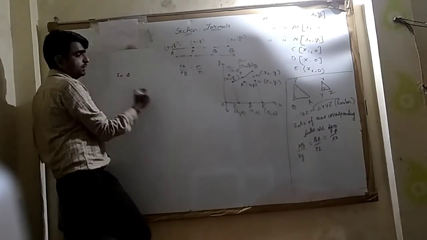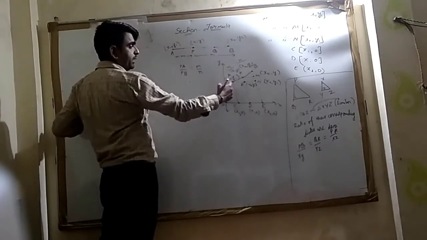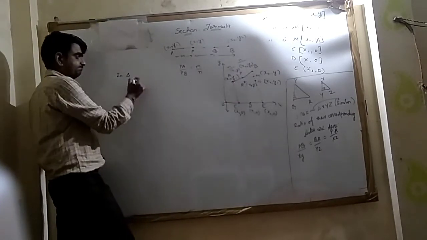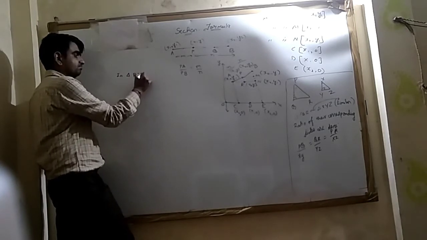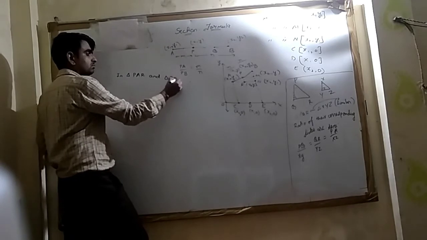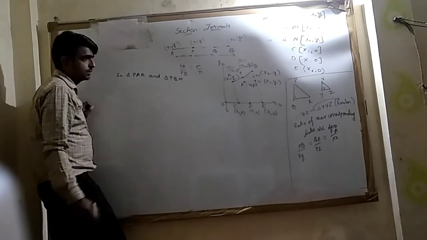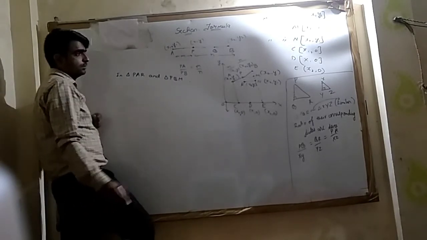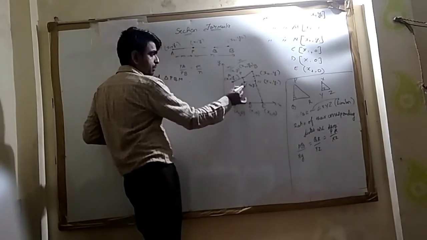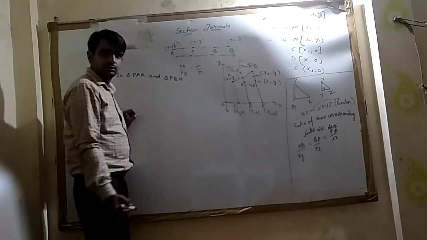I am taking triangles PAR and PBM. Okay. Now see, this line is parallel to this line. Okay.